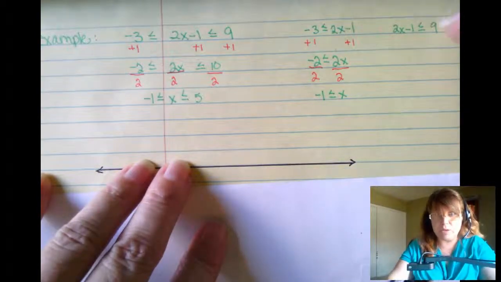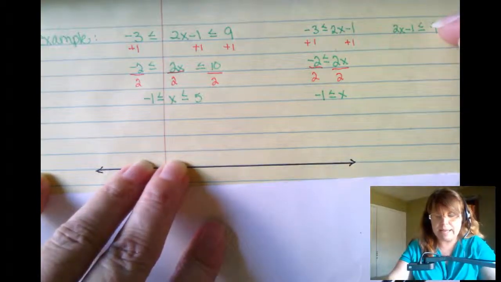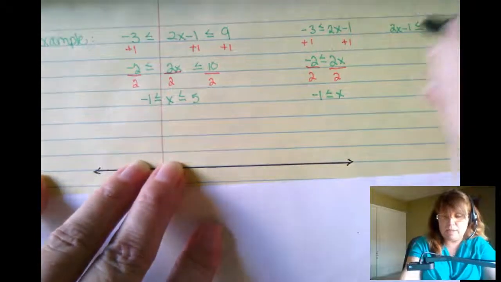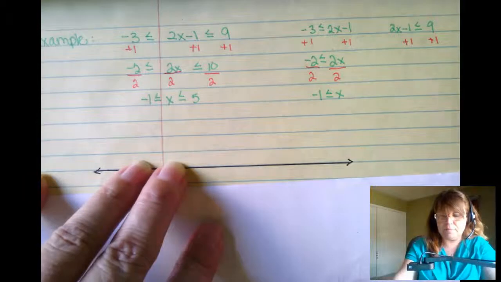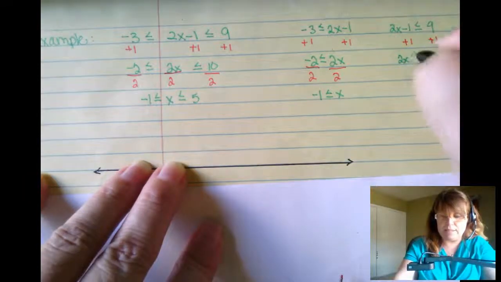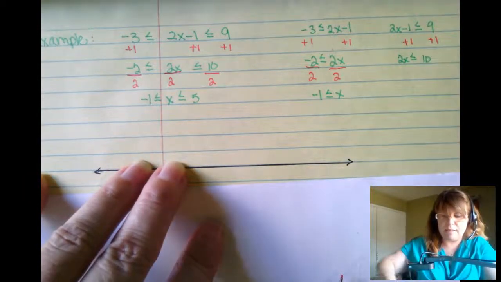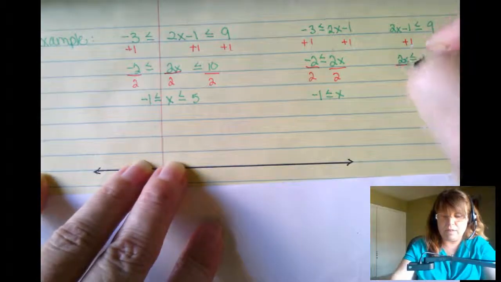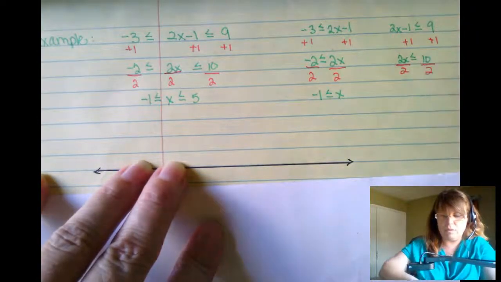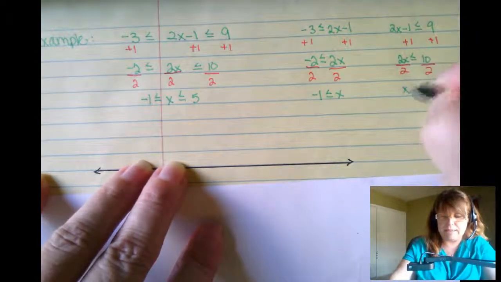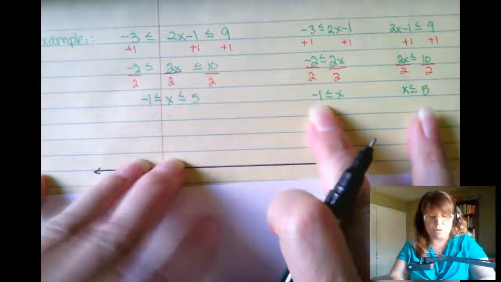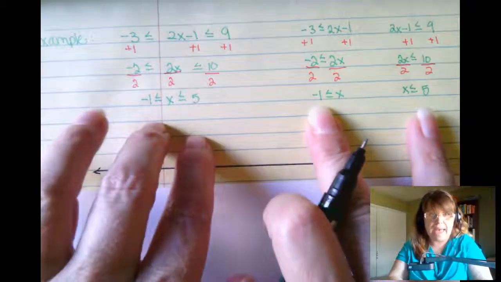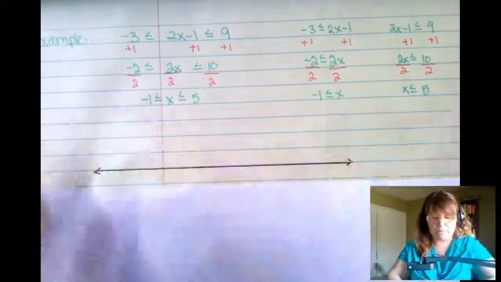I have to worry about the 2x minus 1 is less than or equal to 9. So again, add 1 to both sides. 2x is less than or equal to 10. Divide by 2. X is less than or equal to 5. We get the same result, but it's nice and compact when you do it all at one time.